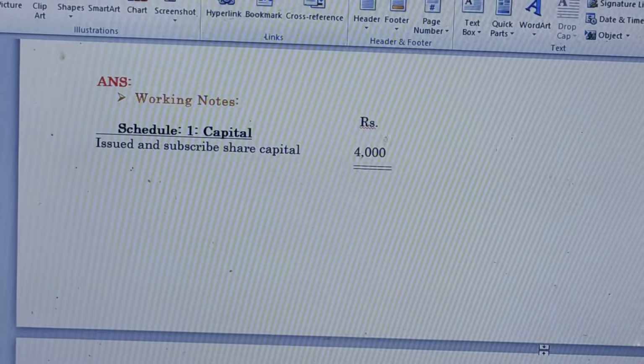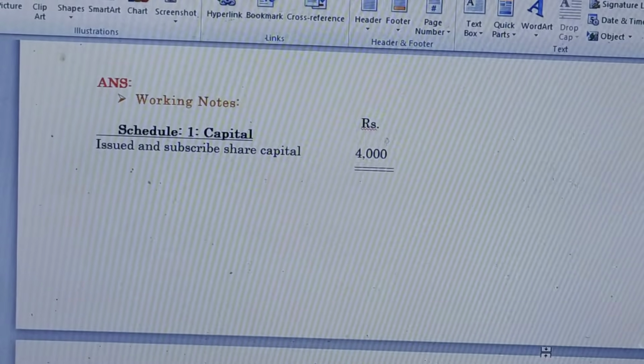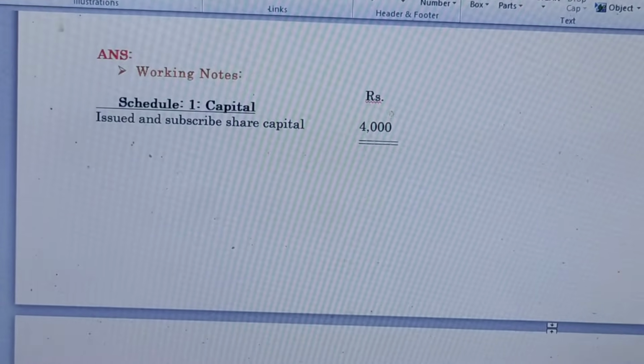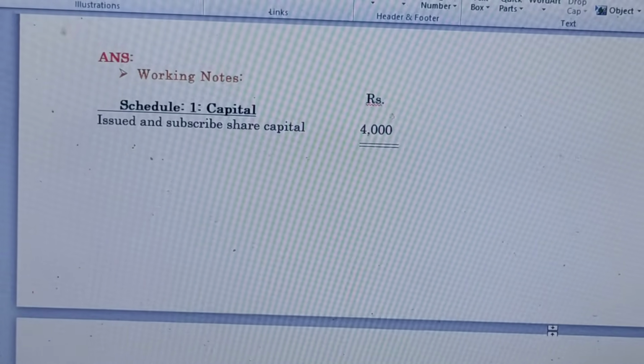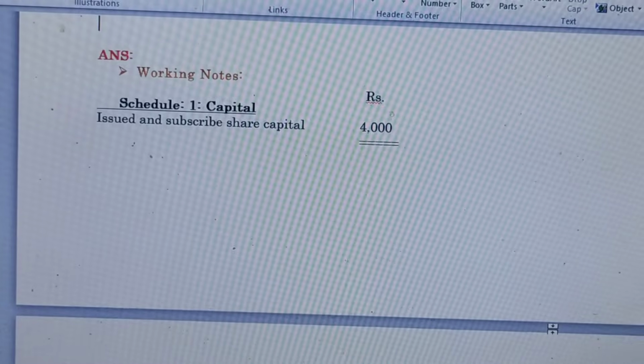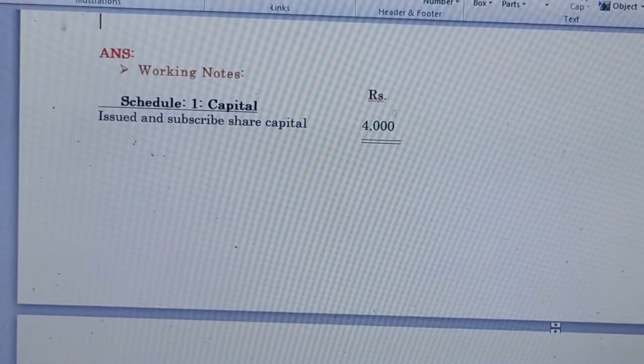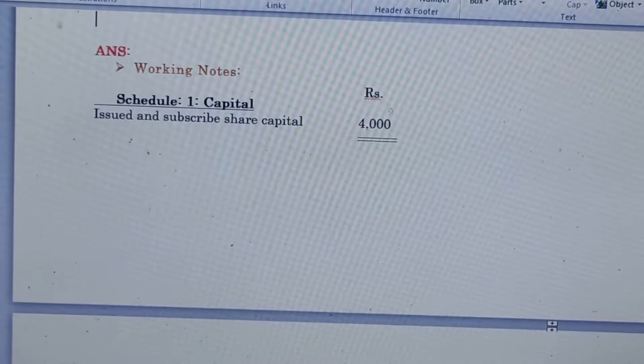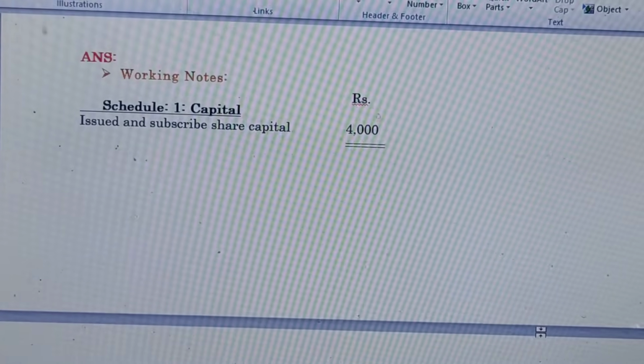Based on this information, we have to prepare the working notes for preparing the balance sheet of the bank. First, we mention schedule number 1, capital.